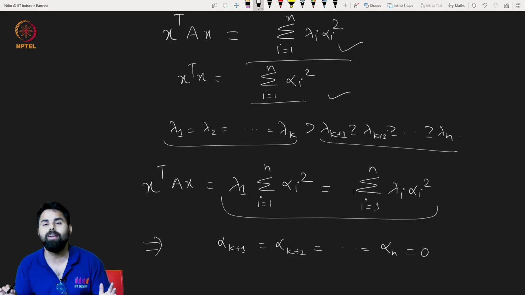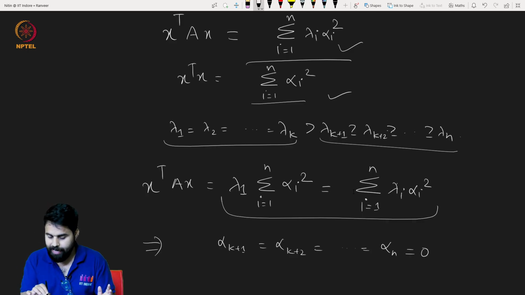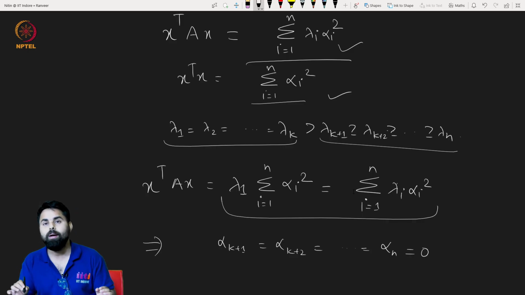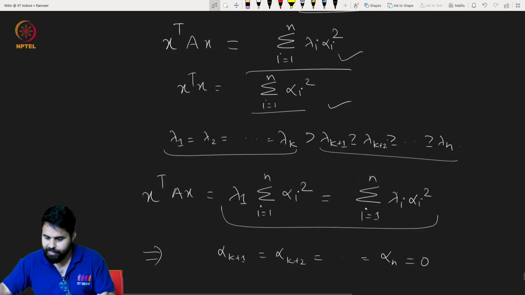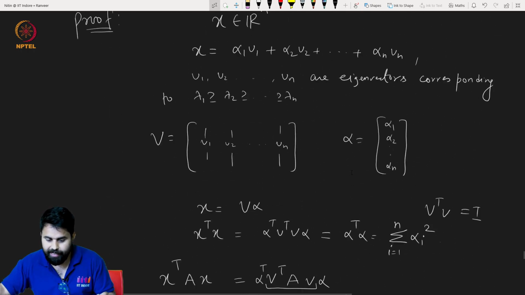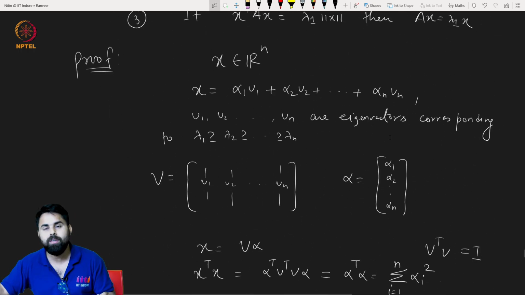Otherwise this equality will not hold, due to the fact that lambda 1 up to lambda k is strictly greater than all these eigenvalues, and alpha i squares are positive numbers. Hence, if you see carefully from where I started, I have written x as a linear combination of these.